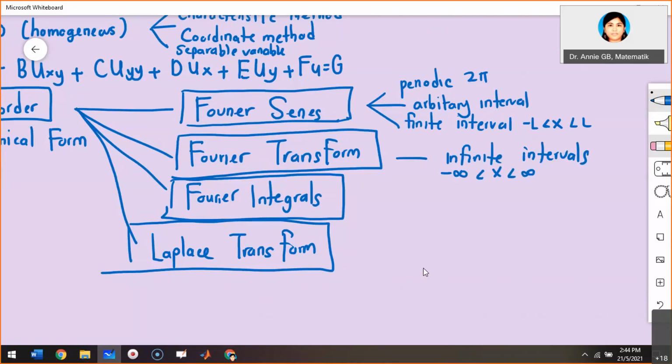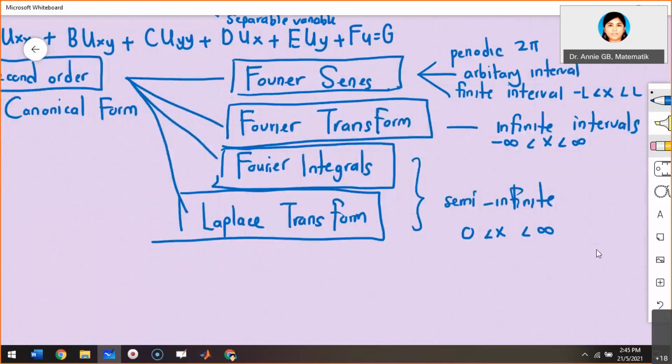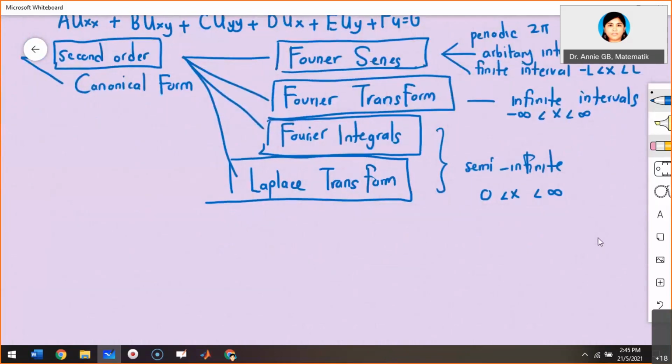And usually Laplace transform dengan Fourier integral ni, dia adalah lebih kepada semi-infinite. So let's say from 0 to infinity ataupun from minus infinity to 0. Okay, so you gotta be careful with what are the condition given dalam soalan tu, you kena tahu apa yang you perlu gunakan. Okay, any question so far?